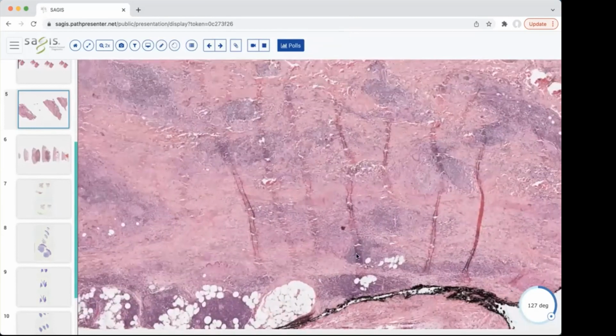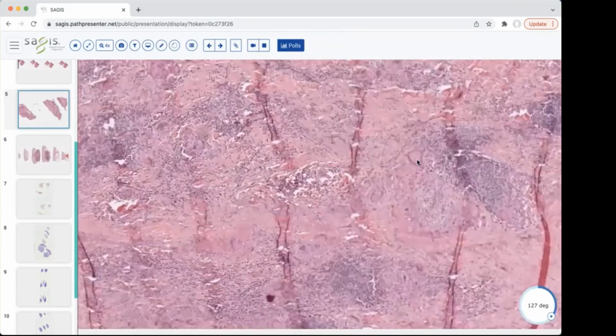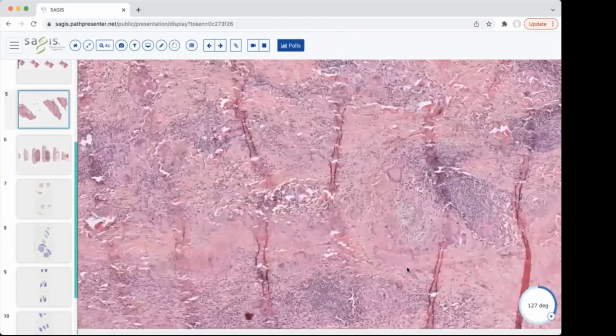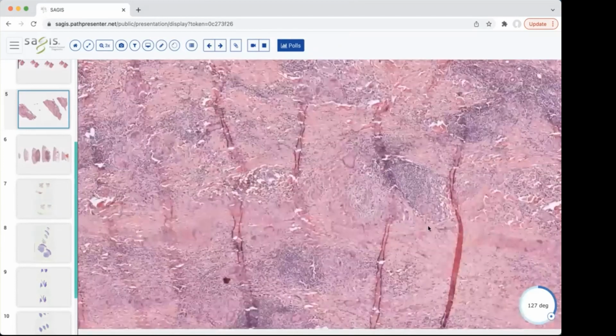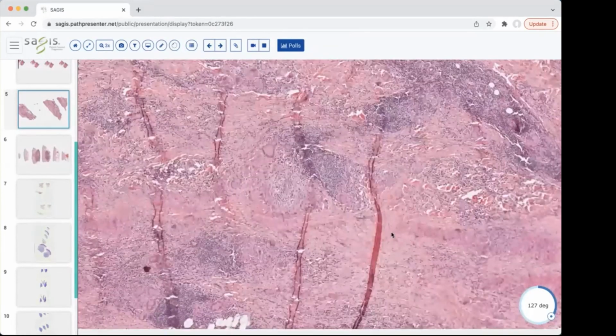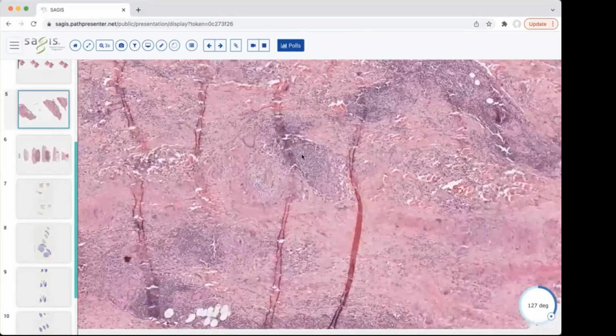I hope that at this power you can now appreciate these multinucleate giant cells, alternating with this degenerated collagen and peppered with lymphocytes as well.